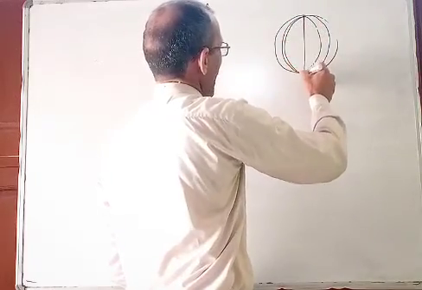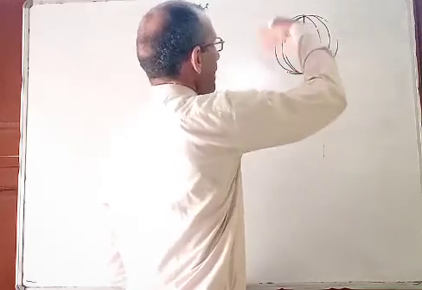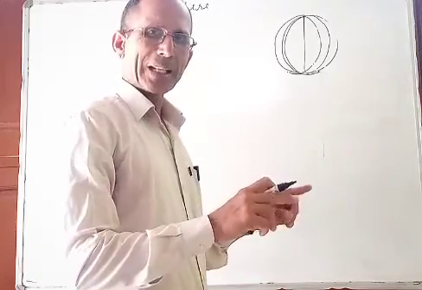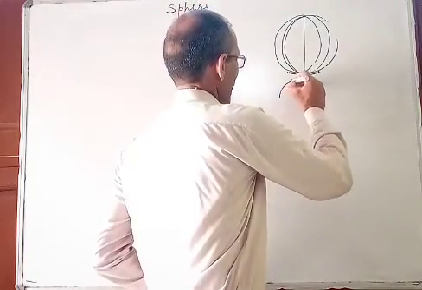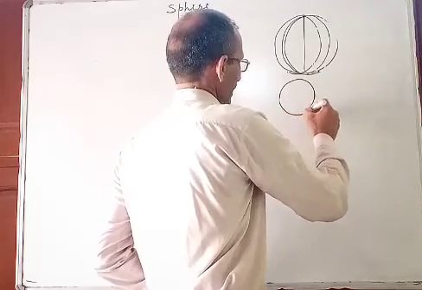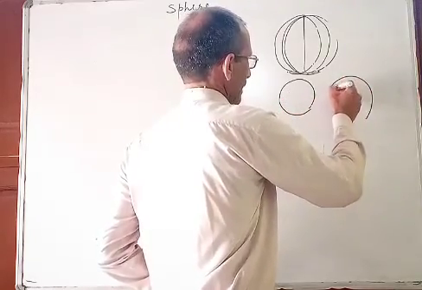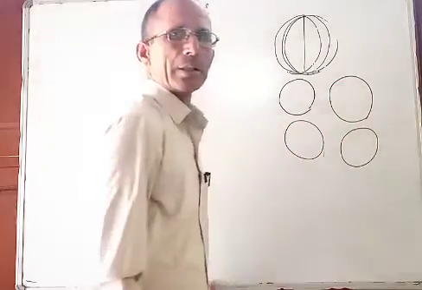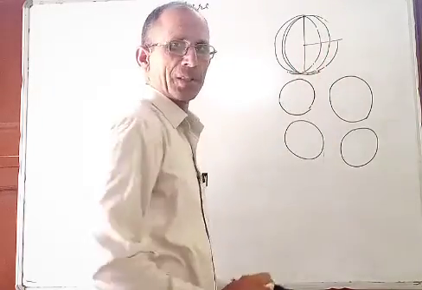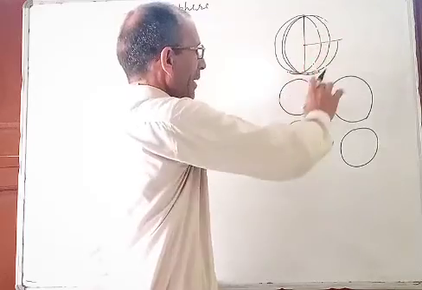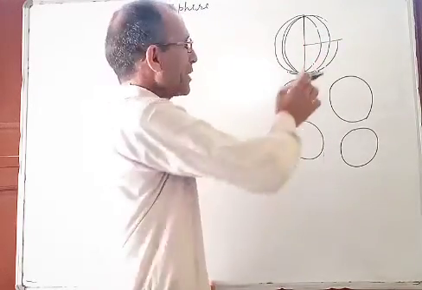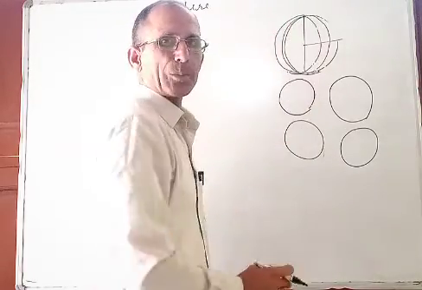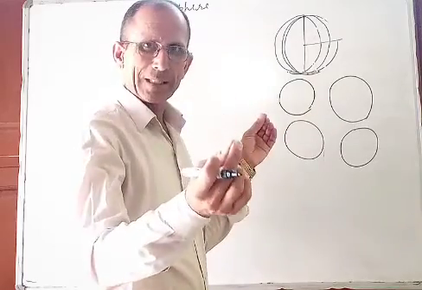You will cover it with the thread. I will cover it properly, then I will open the thread, and after cutting the thread I will cover four circles with the same radius as the sphere.